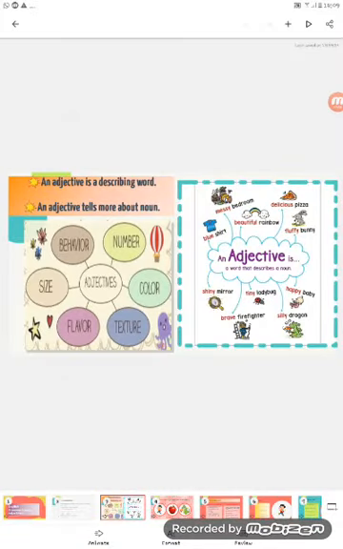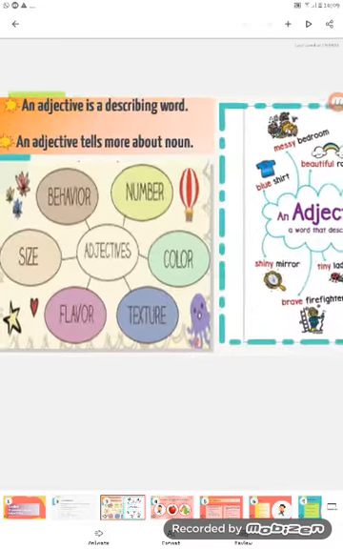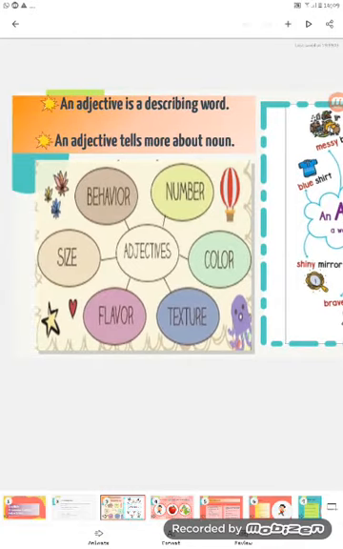As you see the examples, let's see the definition of adjective. So, what is an adjective? As we have discussed it, an adjective is a describing word. An adjective tells more about noun.